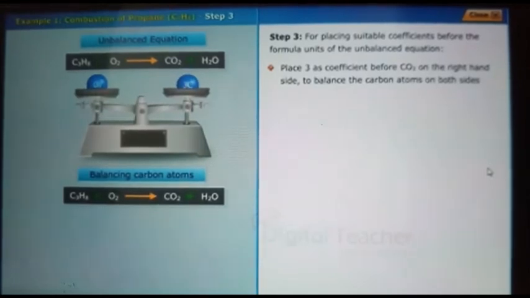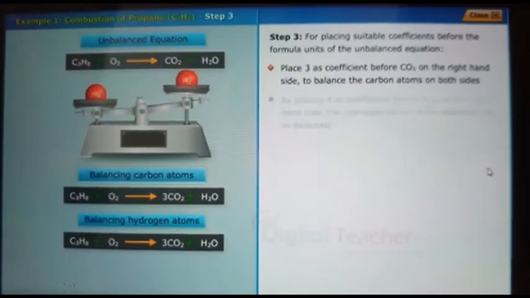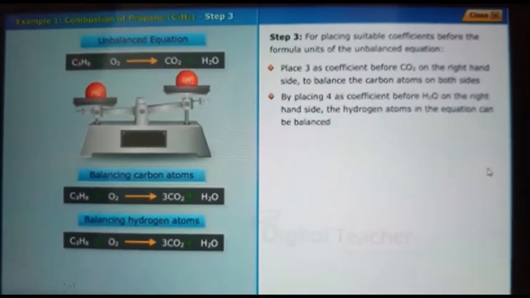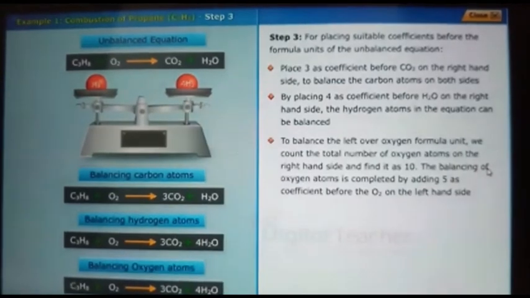For placing suitable coefficients before the formula units of the unbalanced equation, place 3 as a coefficient before carbon dioxide on the right hand side, to balance the carbon atoms on both sides. By placing 4 as a coefficient before H2O on the right hand side, the hydrogen atoms in the equation can be balanced.